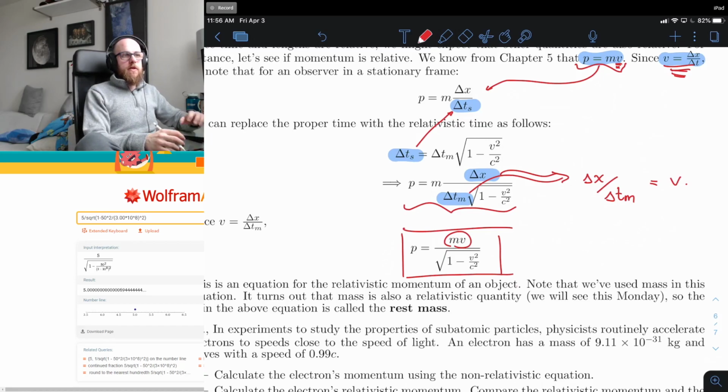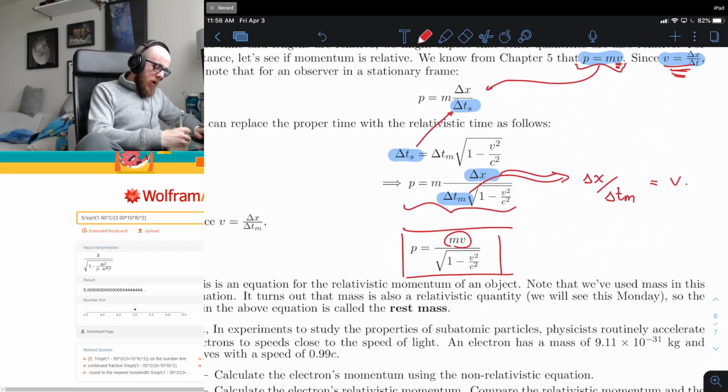And so there's again a relationship between the relativistic momentum and the proper momentum of the object, okay? But in this case, we don't call it the proper momentum like we did with proper time and proper length. What we call this is the classical momentum.